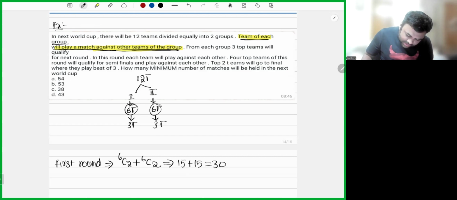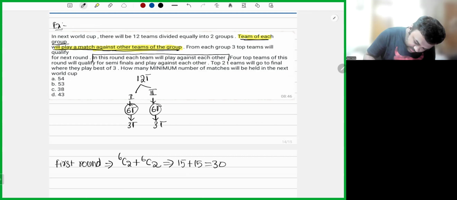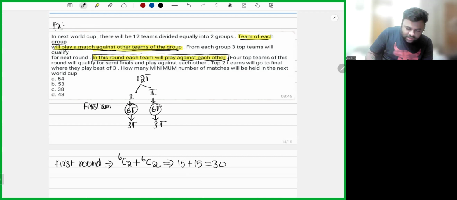For the next round, in this round, each team will play against each other. So in the second round, each team will play against each other. Now, if you see, in the first round, he's telling the match is between the group itself.